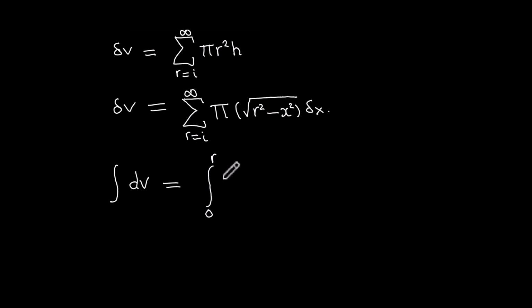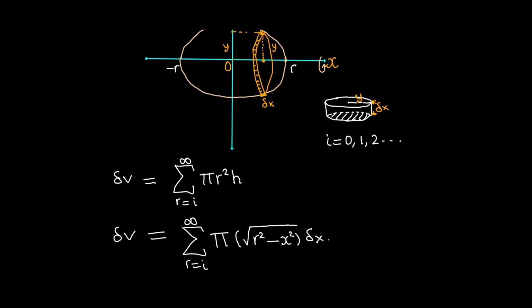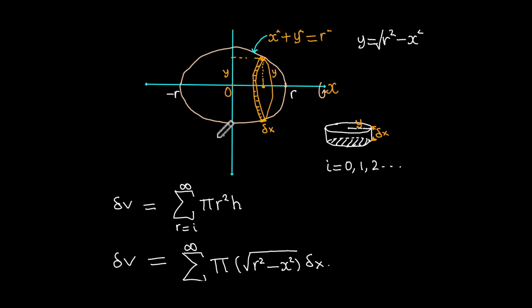Therefore, we have here pi multiplied by r square minus x square with respect to x. Now, before we proceed, let us make a small analysis here. Of course, there are two ways in which we can make this integration.